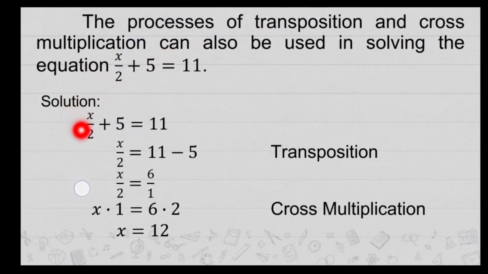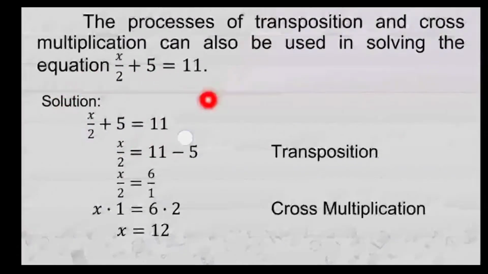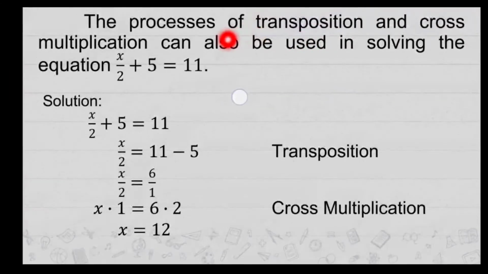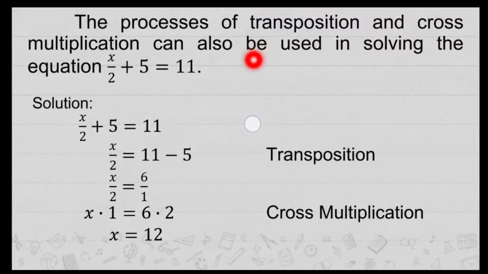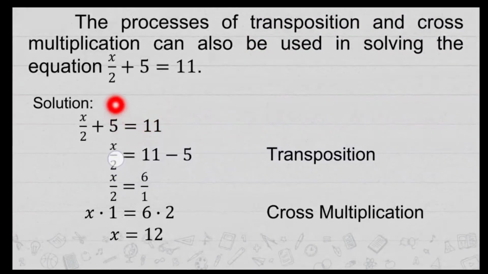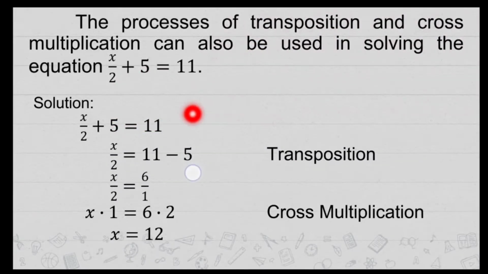Our given is x/2 + 5 = 11. Transposition means we have to put a value to the other side of the equal symbol. And when we use transposition, the sign of the value that we put on the other side will be changed.